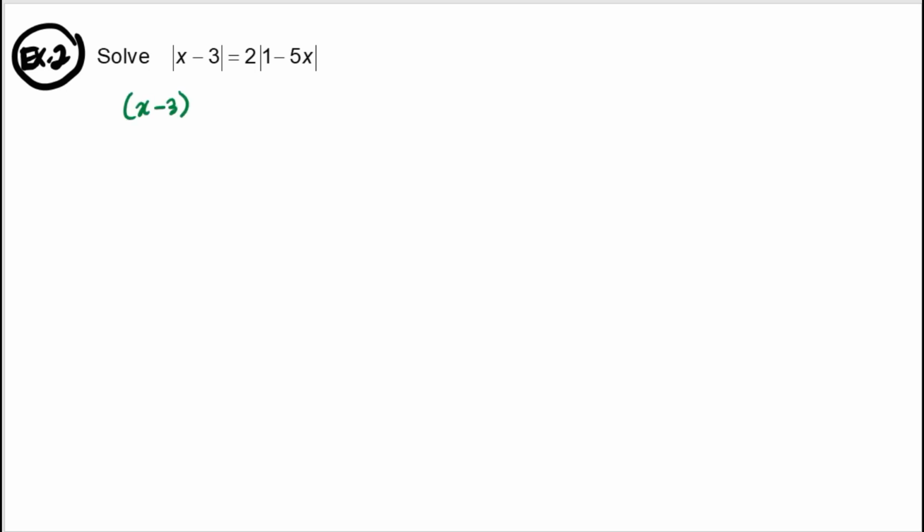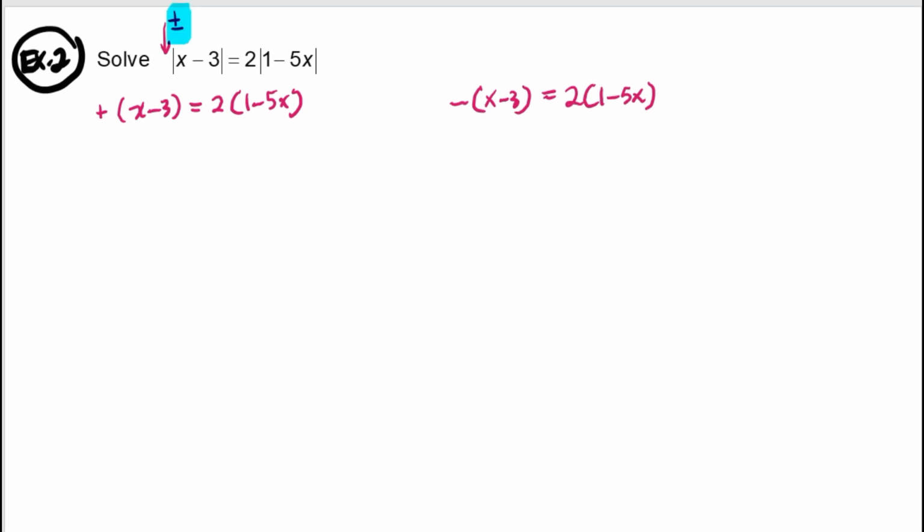So I have x minus 3 equal to 2 times (1 minus 5x). Please note that I'm going to put the plus minus on this side. Another one will be negative of (x minus 3), because this is the positive part, equal to 2 times (1 minus 5x). This part is unchanged; you just put the plus and minus on only one side.